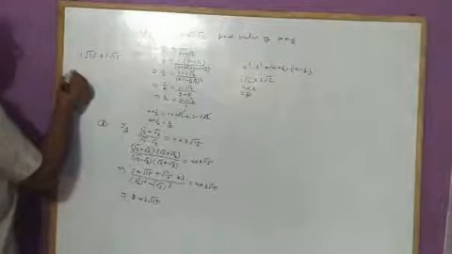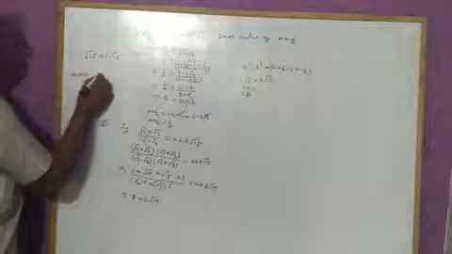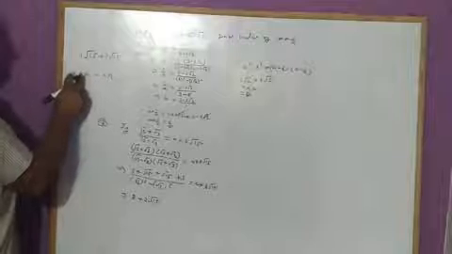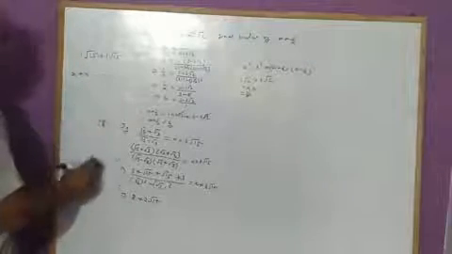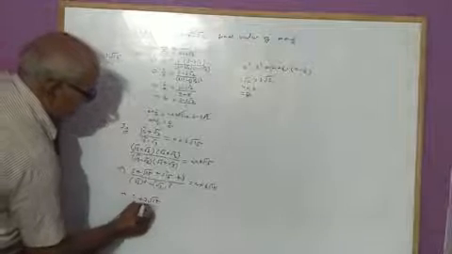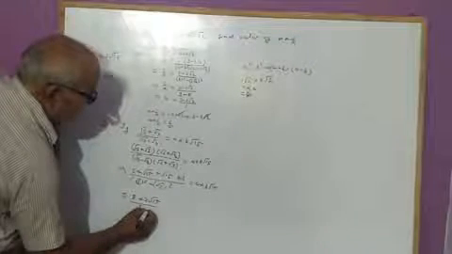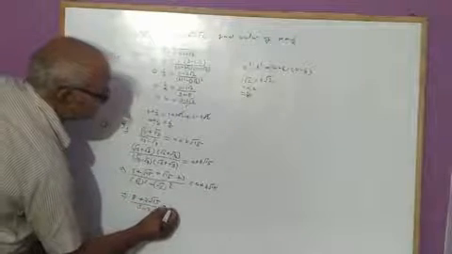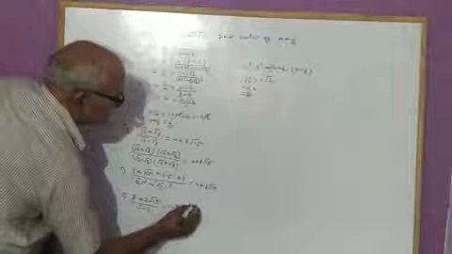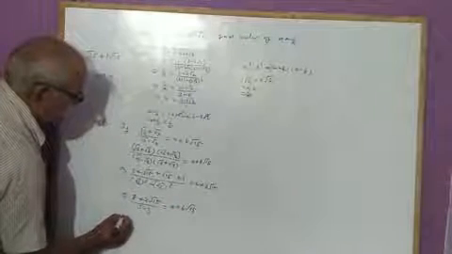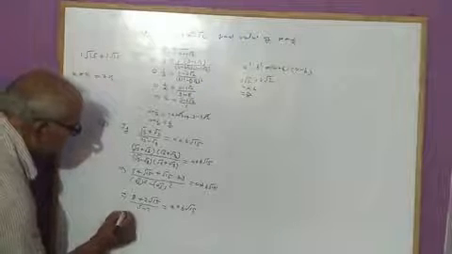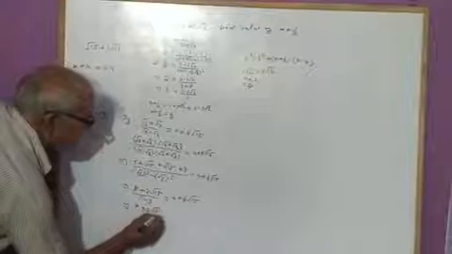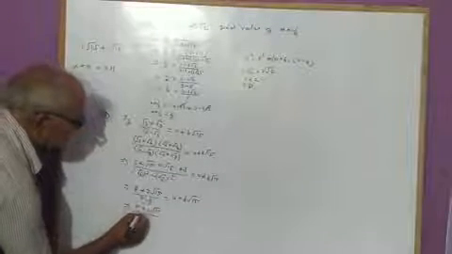For example, x plus x is equal to 2x, 1x plus 1x, 1 plus 1 is equal to 2. Upon 5 minus 3, that is 2. So this equals 8 plus 2 root 15 upon 2.